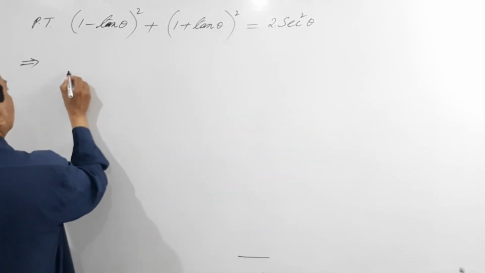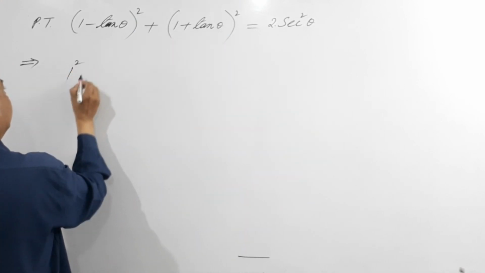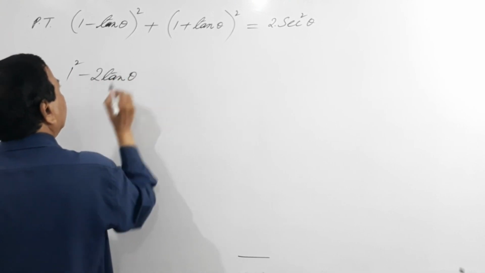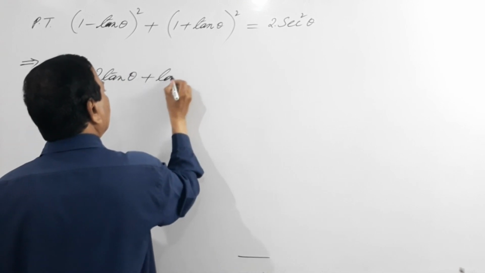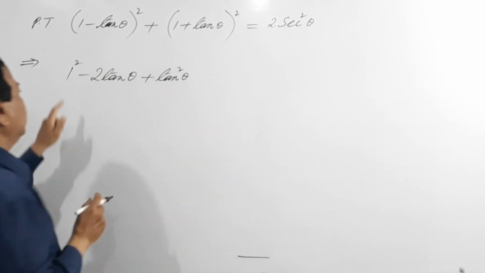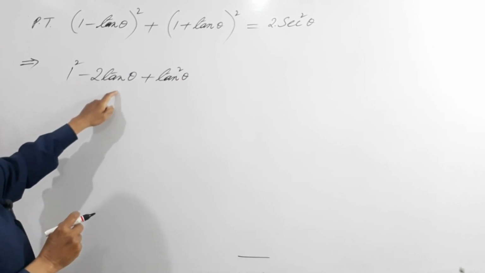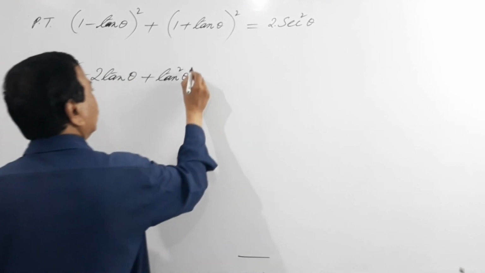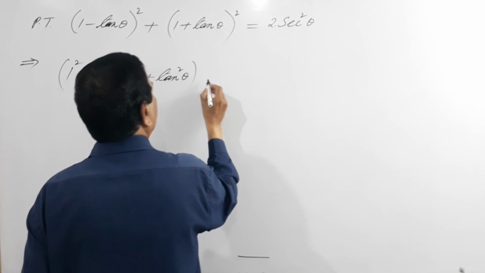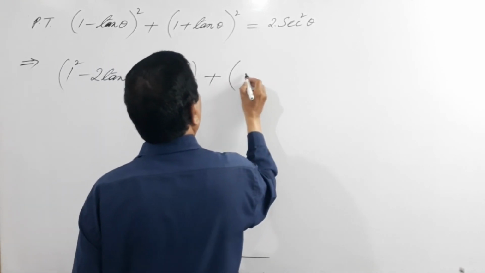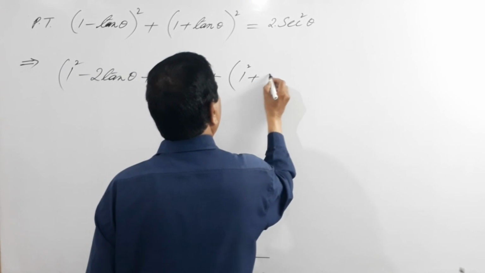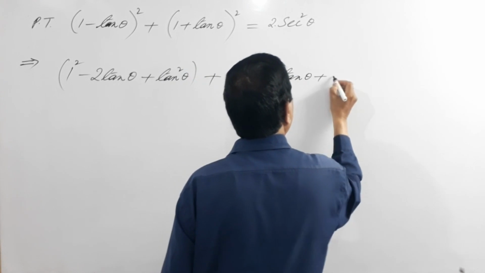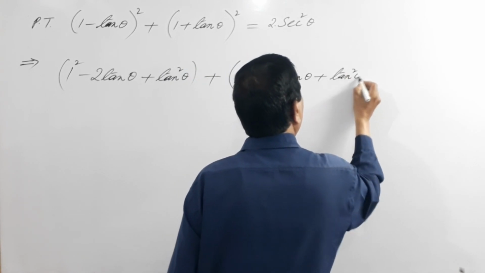What is the solution? That is 1 square, I will write as it is, minus 2 tan theta plus tan square theta, that is a square minus 2ab, into 1 is there so I have ignored it, plus b square. So use a bracket, plus, open the bracket, 1 square plus 2 tan theta plus tan square theta.